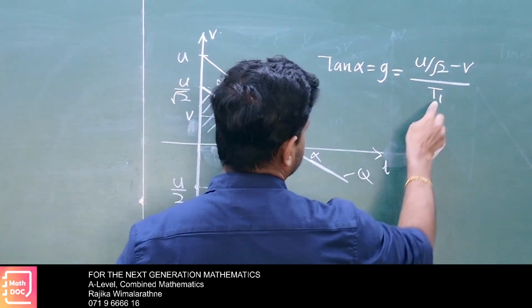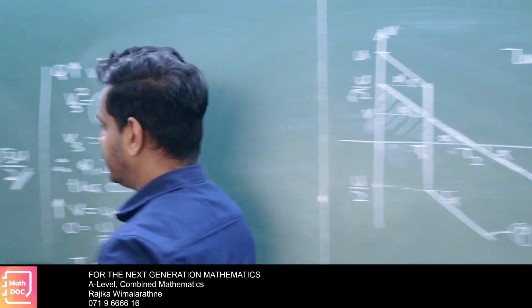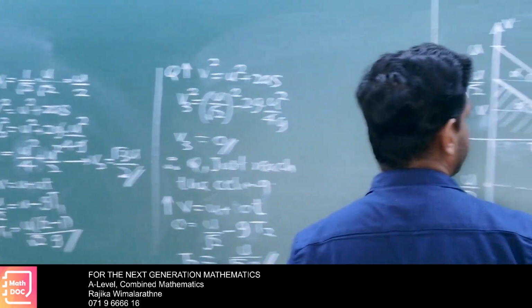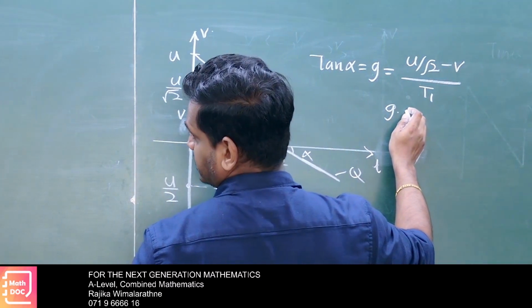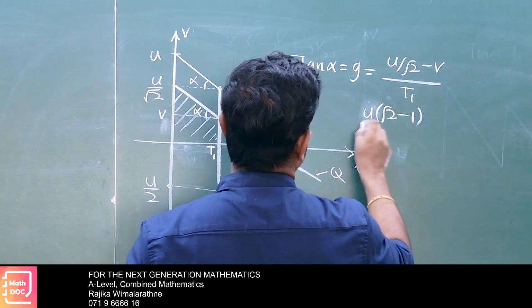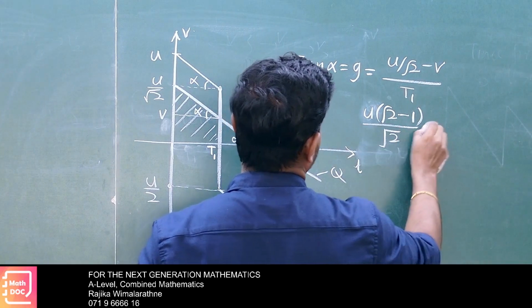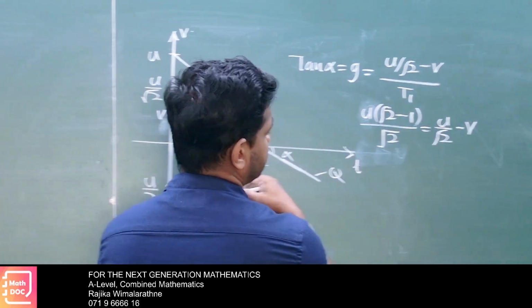Then you find the velocity v. t1 equals U times root 2 minus 1 over root 2 g. Then g t1 is U times root 2 minus 1 over root 2, which equals U over root 2 minus v.